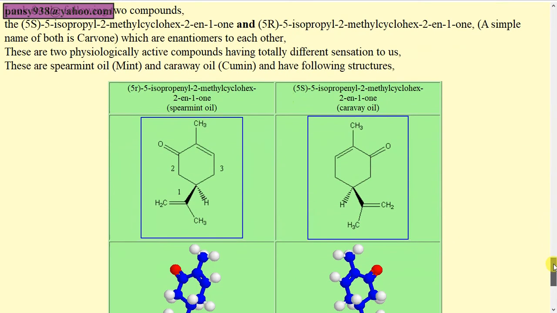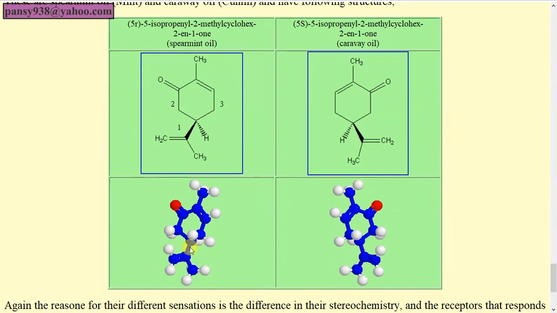You see the diagram, two-dimensional or three-dimensional. This one is the center in both the molecules, isomers, which causes the difference in their optical activity. This carbon is the chiral center of the molecule, this one, in both the enantiomers. The spearmint oil has this type of structure, while caraway oil, its mirror image, has this type of structure.